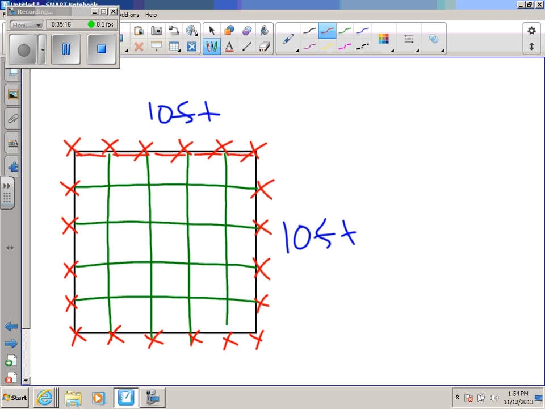How many fence posts will Calvin use? 20? What is it? 1, 2, 3, up to 20. 20 posts.